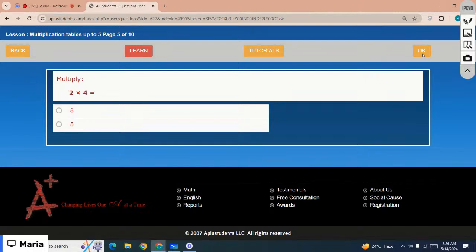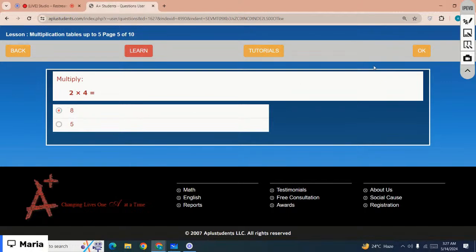The next one is 2 times 4, which is the correct option. That is 2 times 4 equals 8.